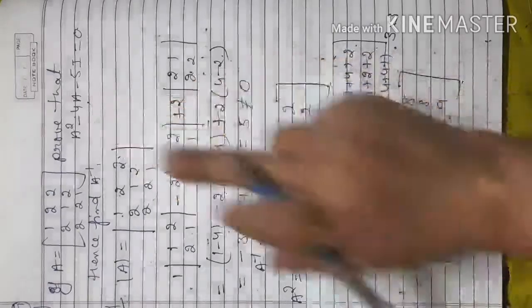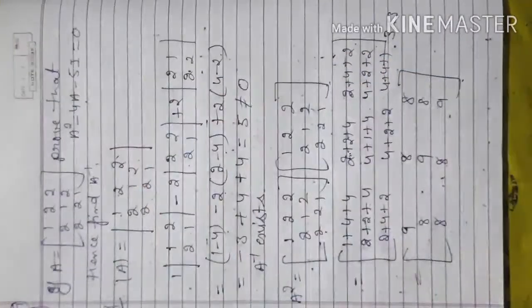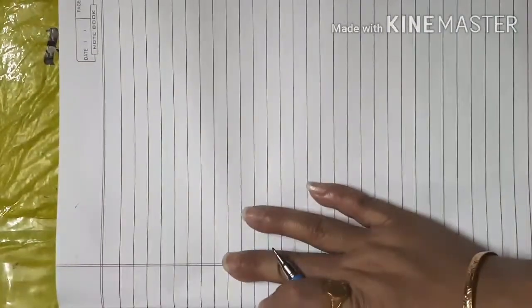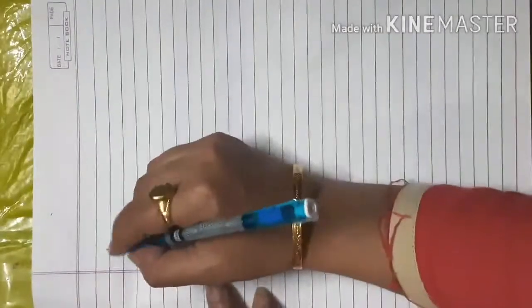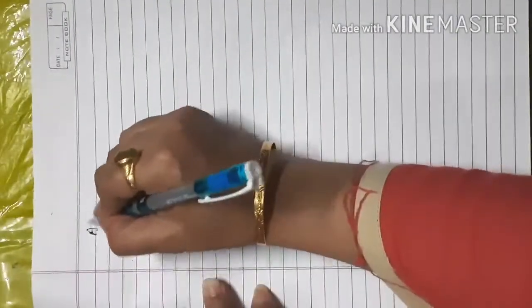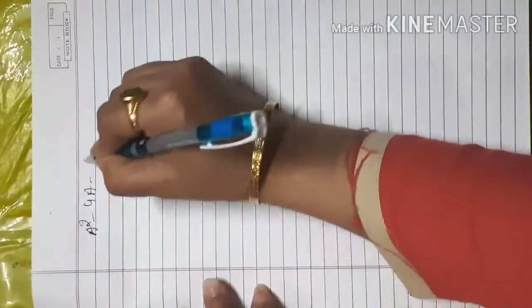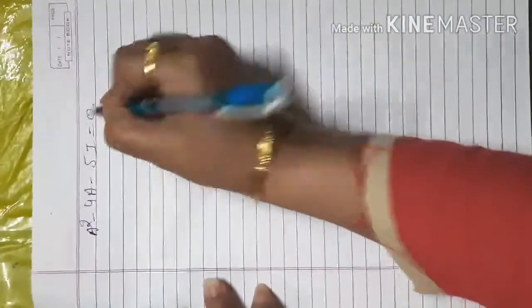Now my next step is to substitute all the values of A square, A and the identity matrix here. If my A matrix is of 3 by 3 order, that means my identity matrix will also be of 3 by 3 order. So I just got my A square value. A square minus 4A minus 5I is equal to 0.